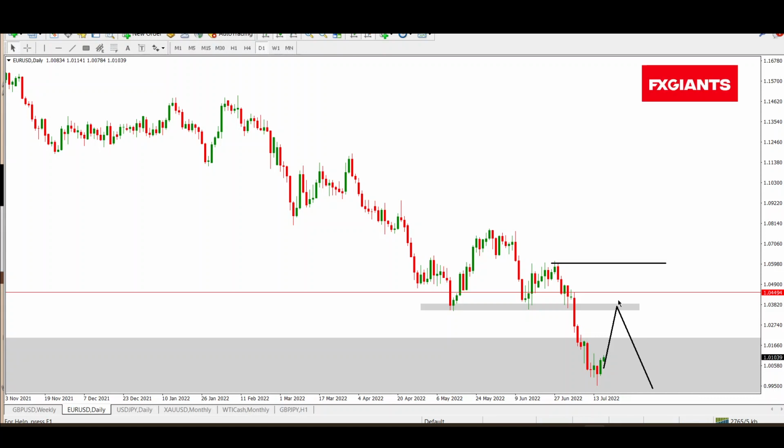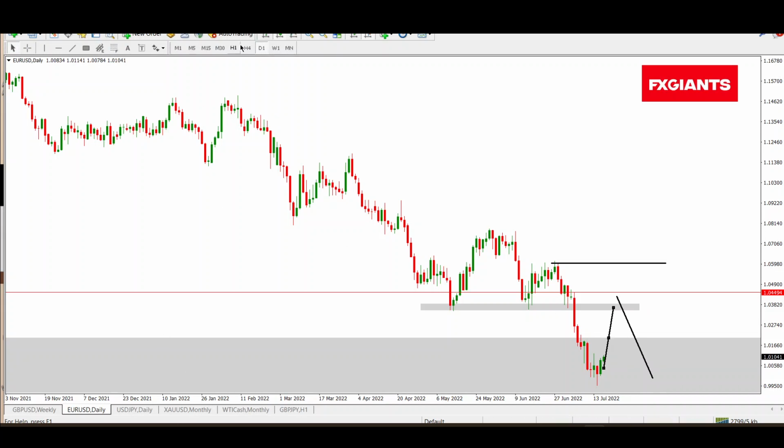But if for any reason we have a break above this zone, we want to first see a break above this daily high before our bias changes from bearish to bullish. But for now, we remain bearish, but we will see a short-term buy, which could possibly be a retracement before a sell continuation to the downside.